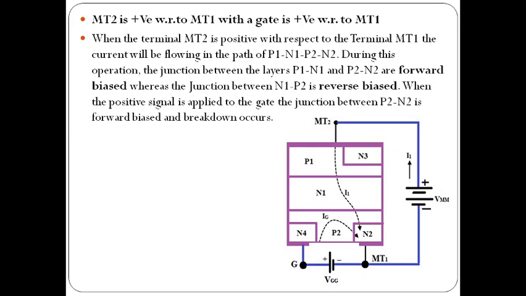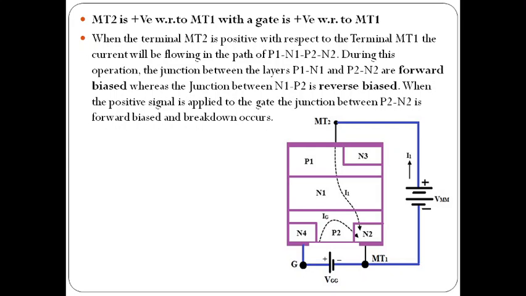Here we are applying the positive potential at MT2. So the P1N1 junction becomes forward biased due to the positive potential of MT2. The P1 layer will be activated, the P1N1 junction becomes forward biased and N1P2 becomes reverse biased.